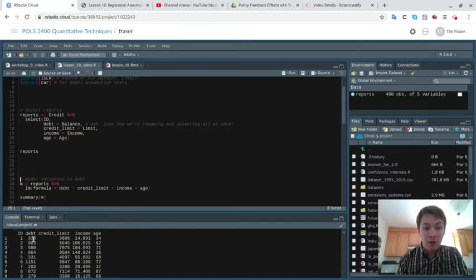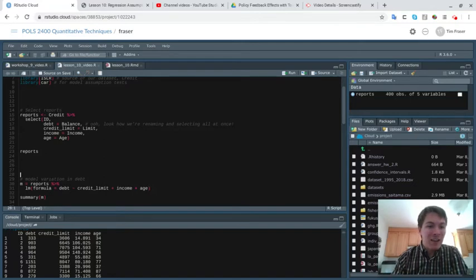So this person has $333 in debt, but their credit limit was about $3,600. That means the maximum amount of stuff that they could spend on a credit card. Okay. Their income, I believe this is in 10,000s, and their age. Wow. Pretty good income. Maybe that actually is in thousands. That would make more sense. 14,000. I don't know. Okay, so main point.